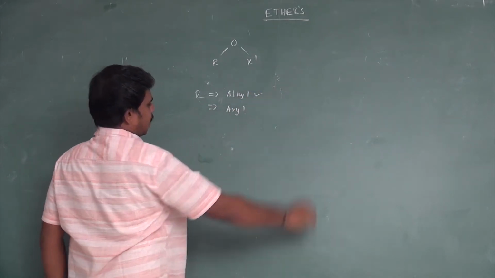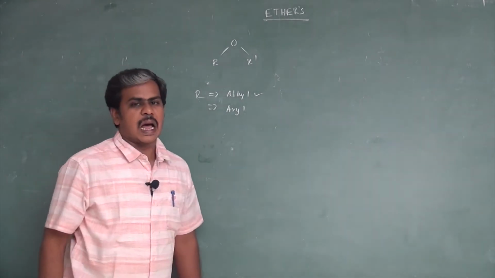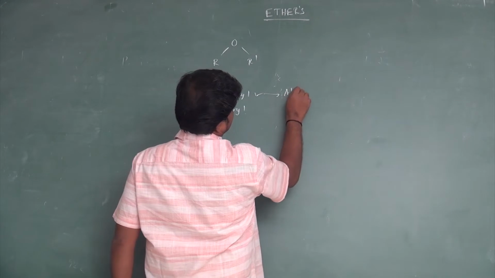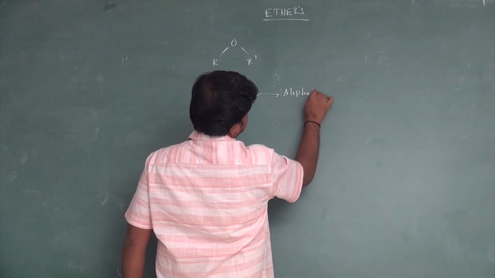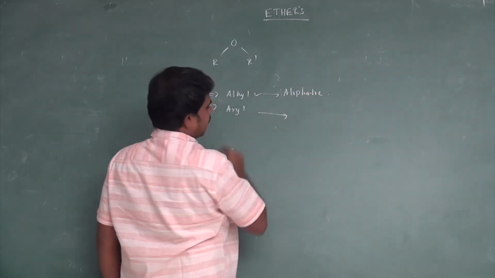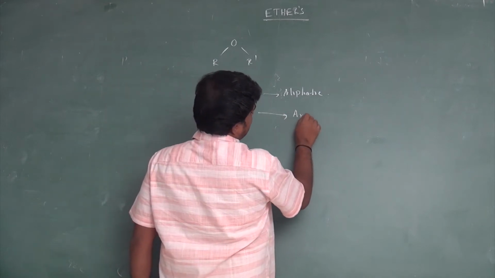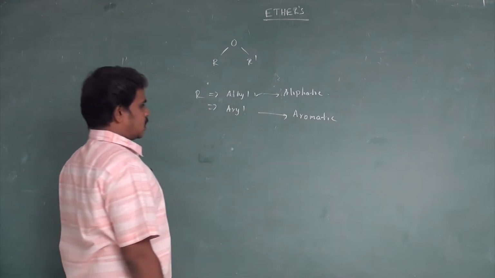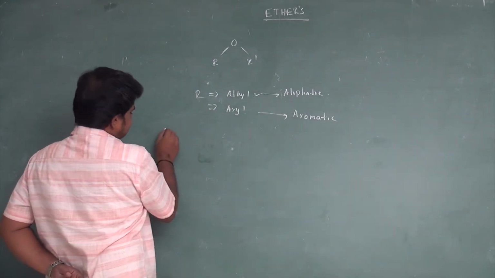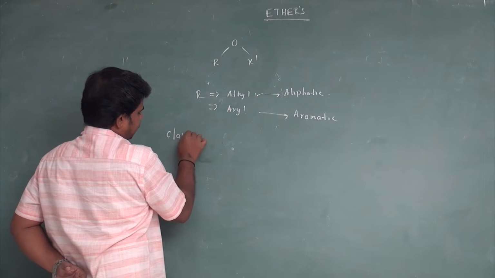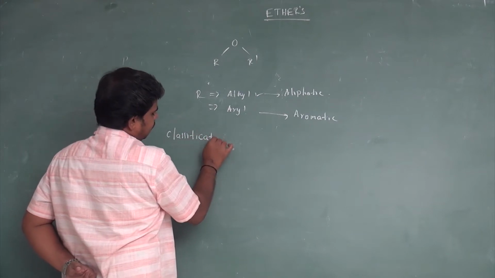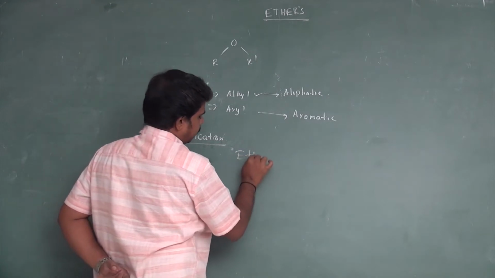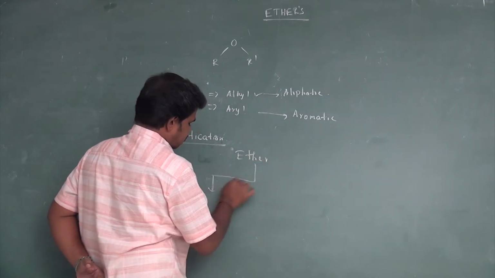If it is an alkyl, then it is an aliphatic ether. If it is an aryl, then it is an aromatic ether. Now, we may classify the ethers into two types depending upon the R groups.